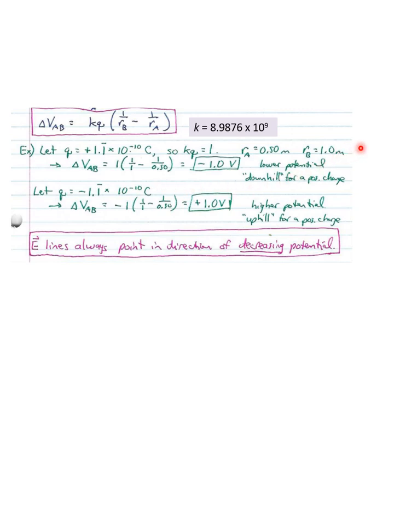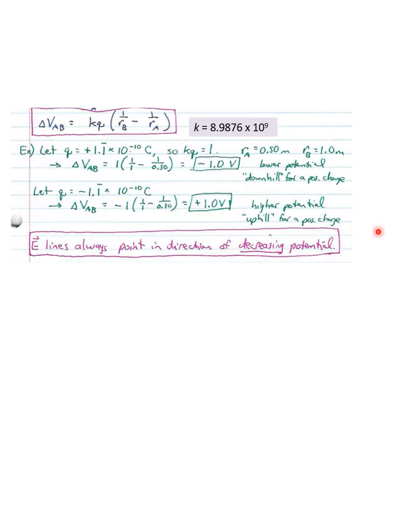Well, let's say we want to go from 0.5 meters away from the charge to 1 meter away from the charge. Now this is going to lower potential. It's going downhill for a positive charge. So we plug in those numbers, 1 over 1 minus 1 over 0.5, and we get negative 1 volts.